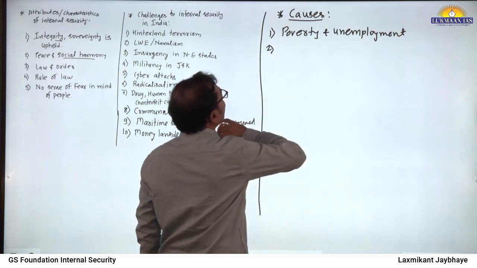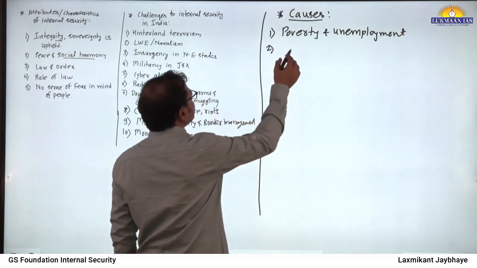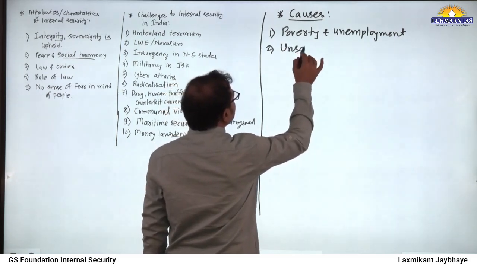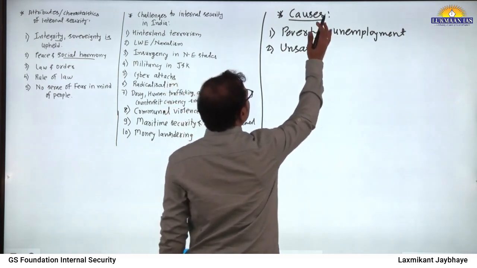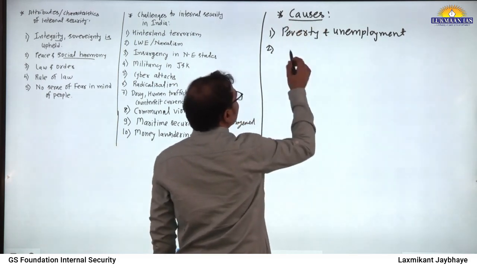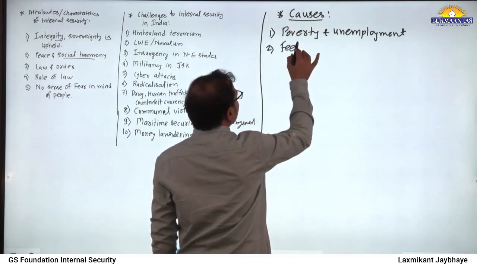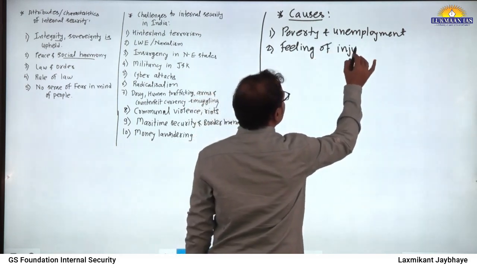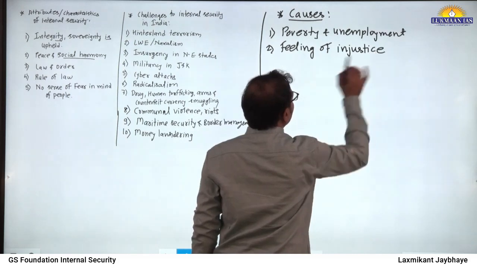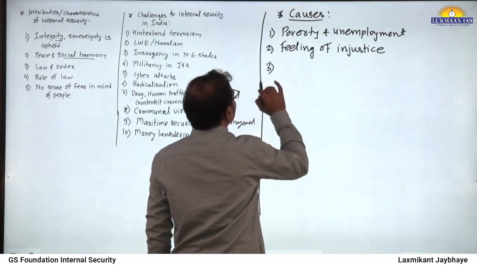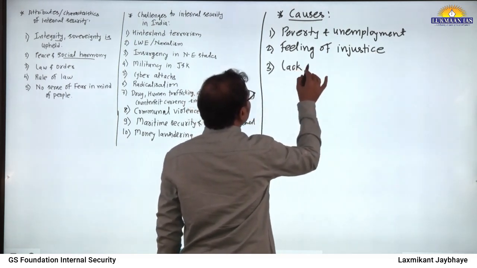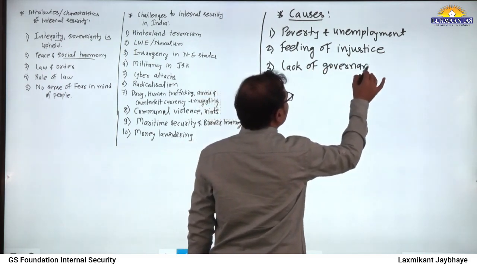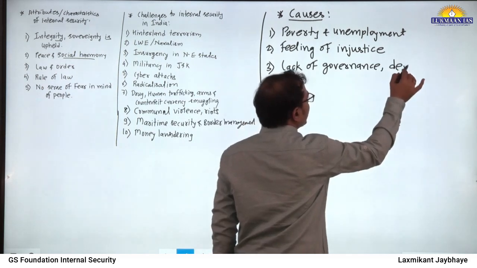Second thing we should write about is the feeling of injustice among the people, lack of governance, development deficit.